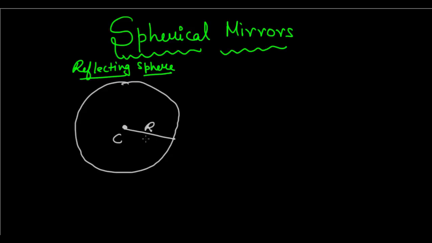The center of this reflecting sphere is called the center of curvature. It may be of two kinds, which we're going to discuss later, but whether it is an inner reflecting surface or an outer reflecting surface, the center of the sphere is called the center of curvature.